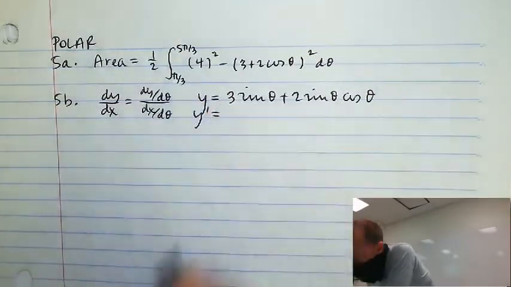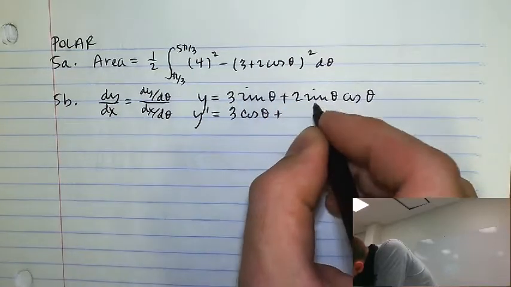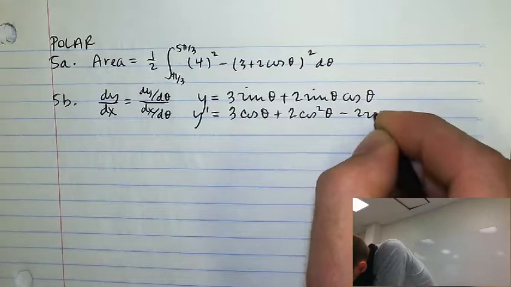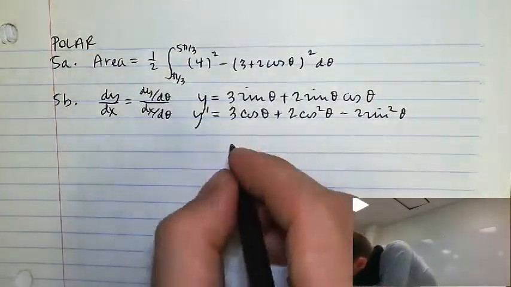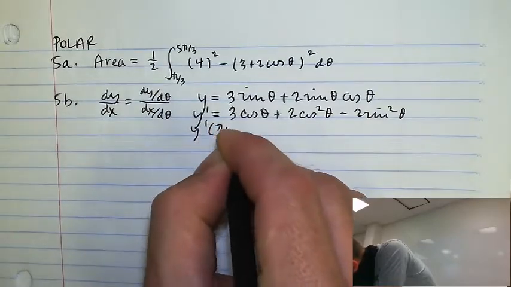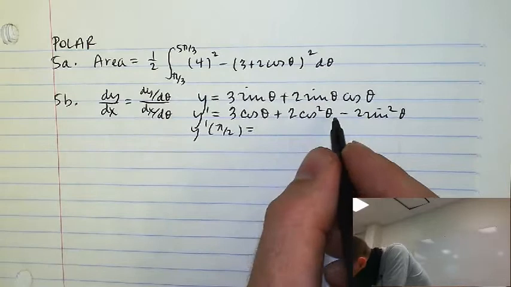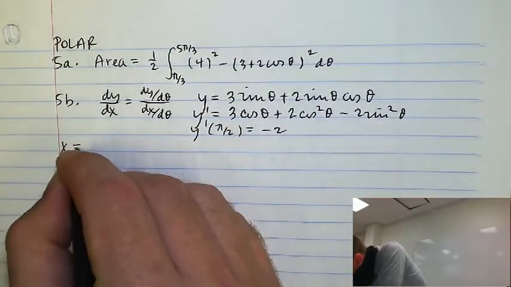I'm going to quickly take the derivative. I've got product rule going on here. And then when I plug in pi over 2, cosine of pi over 2 is 0, so that's promising. I'll have negative 2. Then I'll work on x.